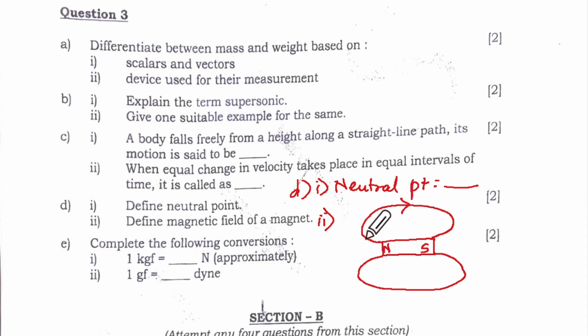And show north to south, starting with north and ending in south. Then you show here, and just one more like this. And here show this way and this way.